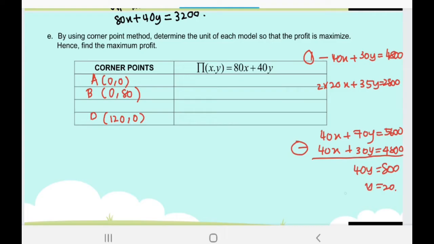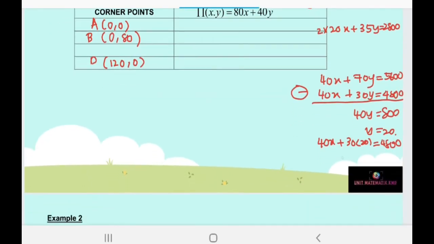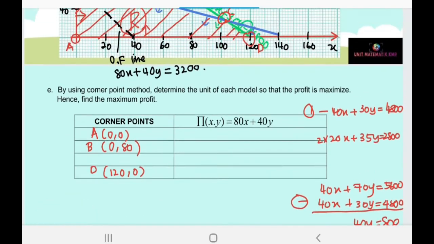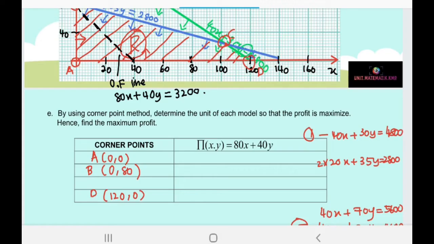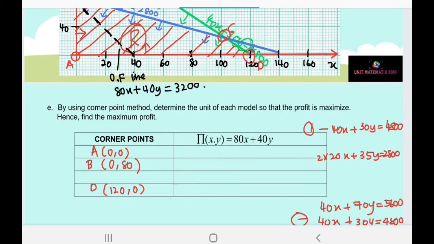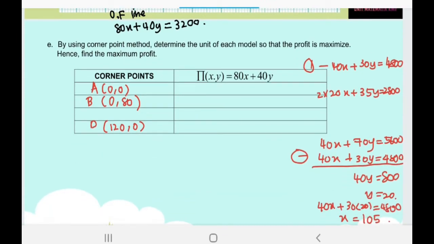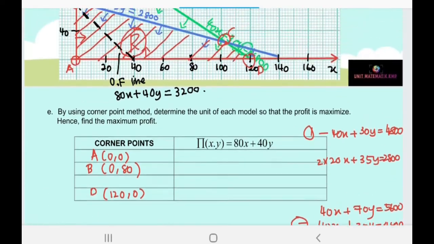When you substitute back, 40x plus 30 times 20 equals 4800, so you will know that x equals 105. Okay, so when we check back, is it correct? x equals 105 and y equals 20.